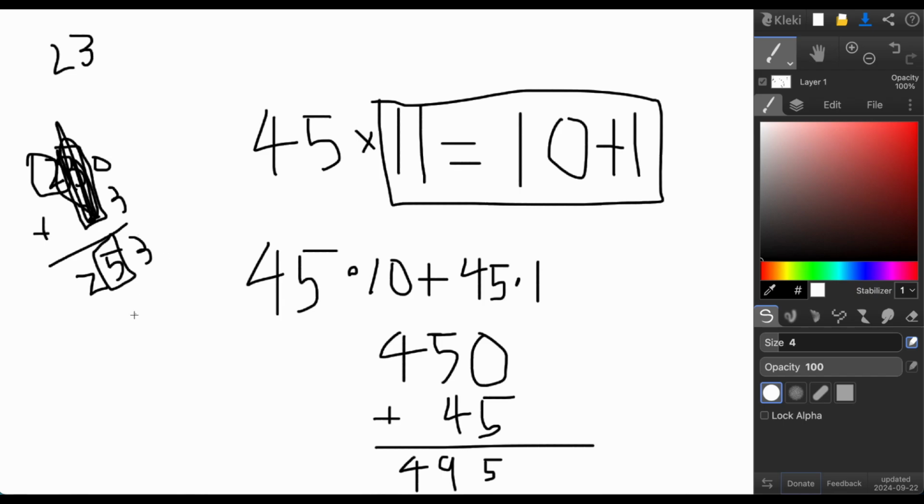So anything times 11, let's say the digits are AB. Not the numbers A times B, it's A, B as the digits. Times 11 equals A, this is the hundreds digit, and then A plus B, and then B. What you will see though, however, is this doesn't work for all numbers.